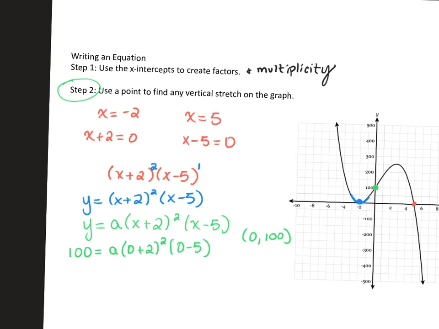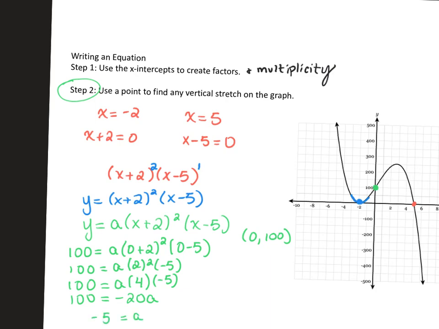So the first thing I'm going to do is simplify all the things that are being multiplied to a. And now I'm going to get a alone by dividing both sides by -20. So now I can see that what I really need is a vertical stretch of -5, which is also a reflection and a stretch of 5, to make this polynomial match the graph.